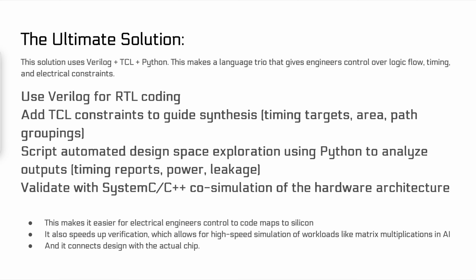This allows for high-speed simulation of workloads like matrix multiplication and AI. And it also connects design with the actual chip. So we have arrived at the conclusion that this is the ultimate solution to the problem. So that is all for today's video.